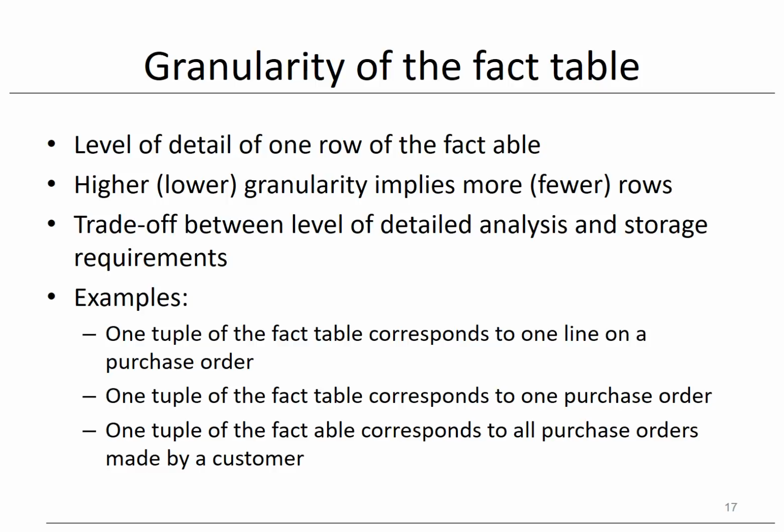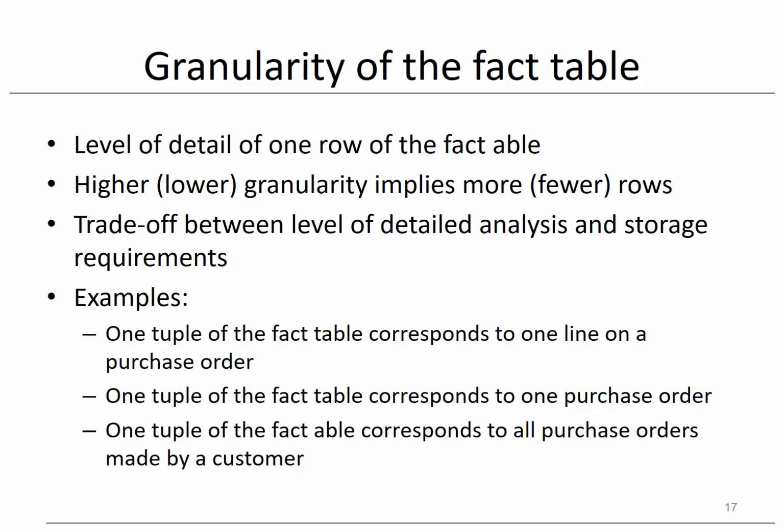A higher granularity implies more rows in the table, while a lower granularity implies fewer rows. When determining the granularity, a trade-off between the level of detailed analysis supported and the storage requirements, and hence query performance, needed should be evaluated.